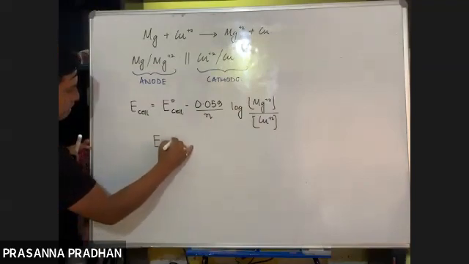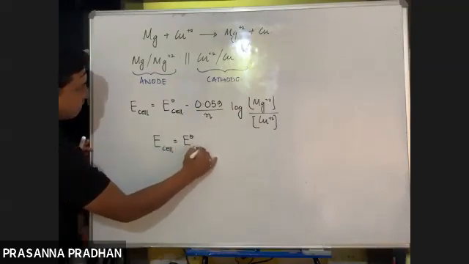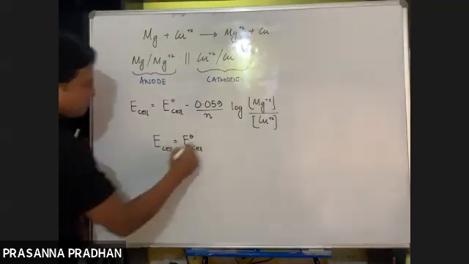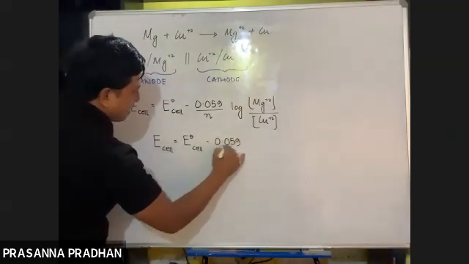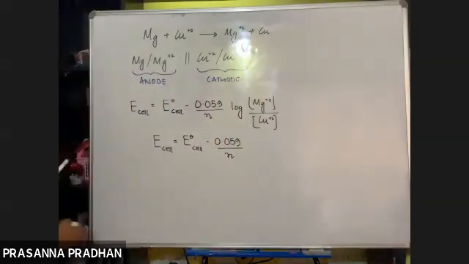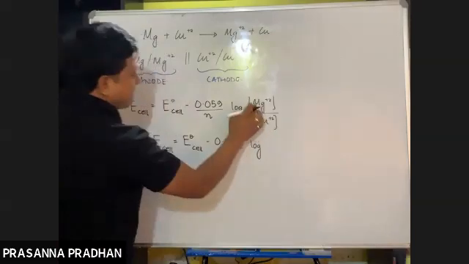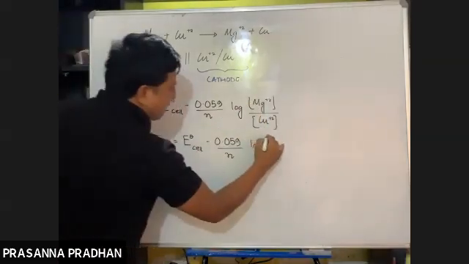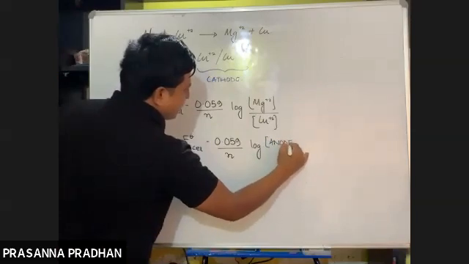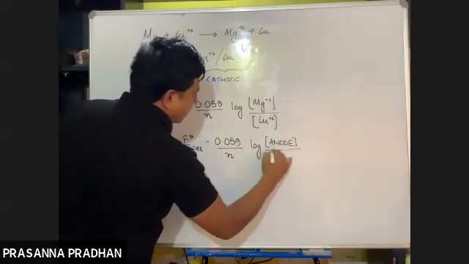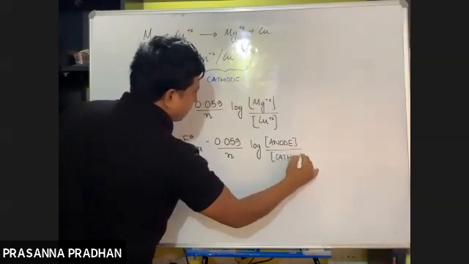So E cell is going to be equal to E naught cell minus 0.059 divided by n, log of concentration of species at the anode compartment divided by concentration of species at the cathode compartment.